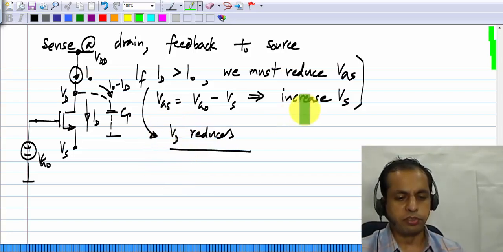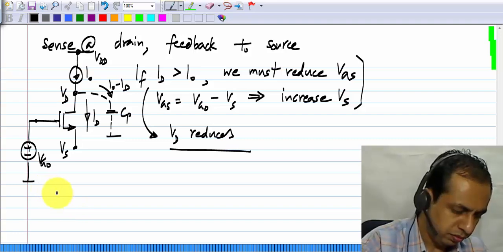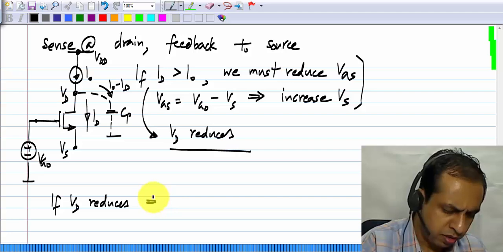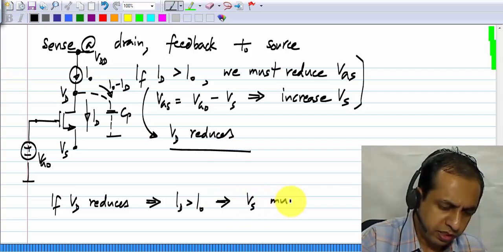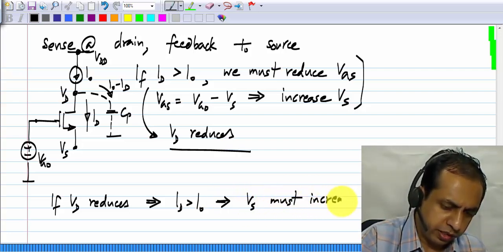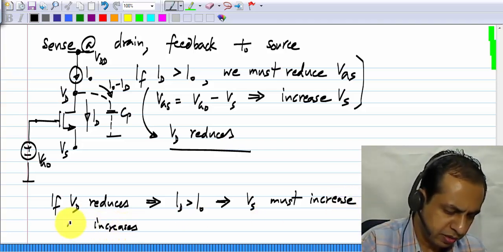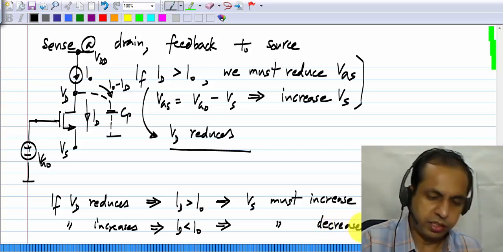If Vd reduces, we must increase Vs, and if Vd increases, we must reduce Vs. If Vd reduces, this means that ID is greater than I0, and Vs must increase. Similarly, if Vd increases, this means that ID is smaller than I0, and Vs must decrease.